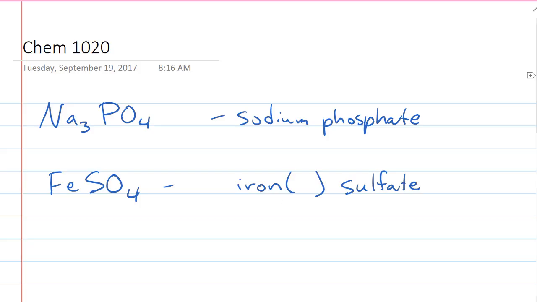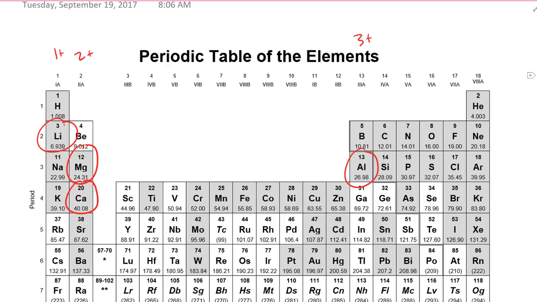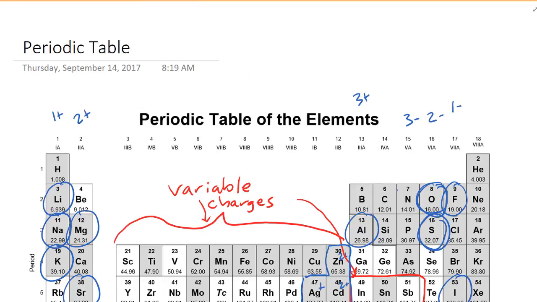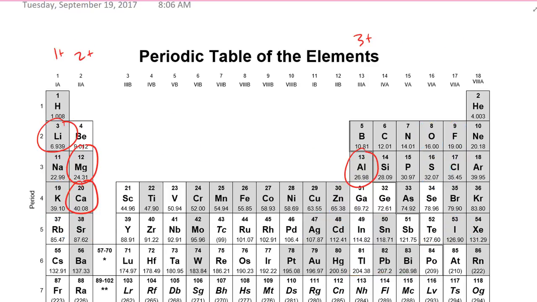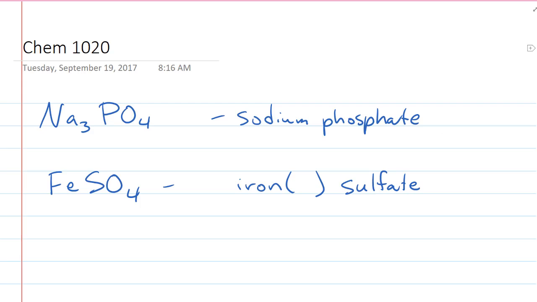We need to put in a Roman numeral. And why is it? Let's go back from last class. Why is it that a Roman numeral is required for iron? Transition element. It's one of those that has a variable charge. Whenever we have a variable charge, we must include that Roman numeral. So, we want to include the Roman numeral on this one.